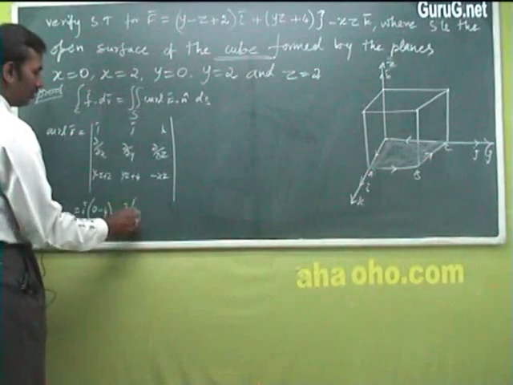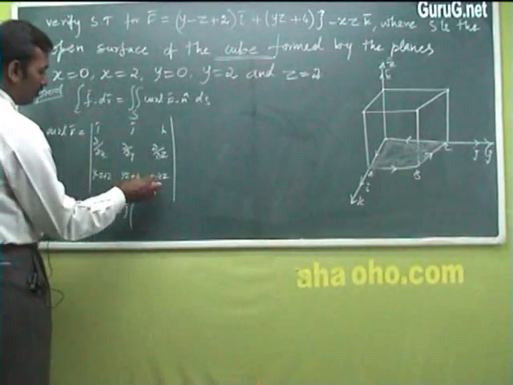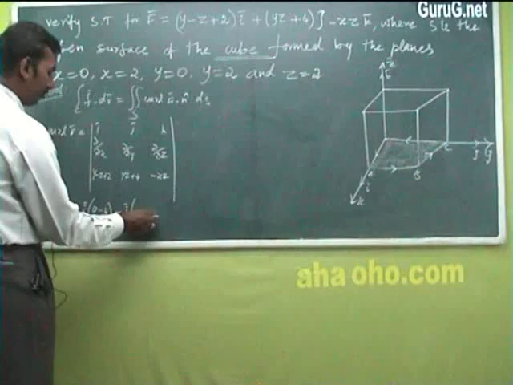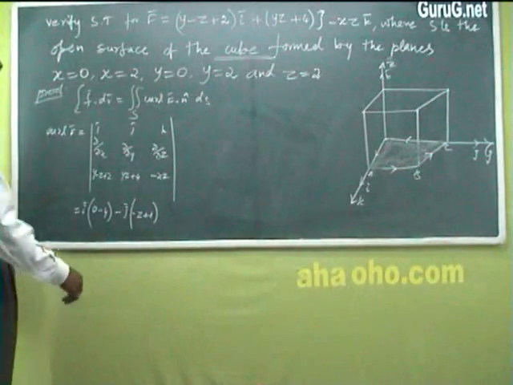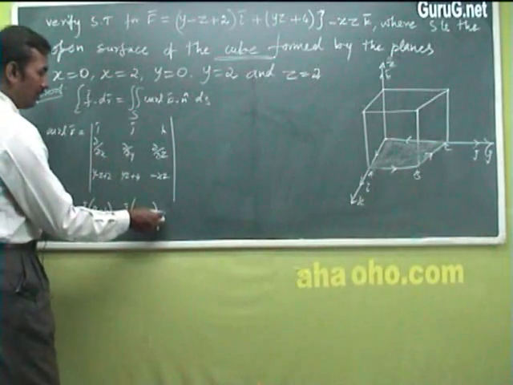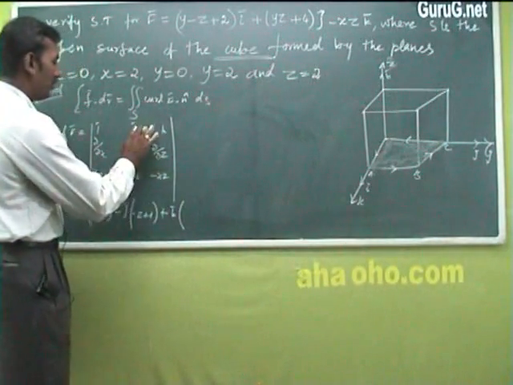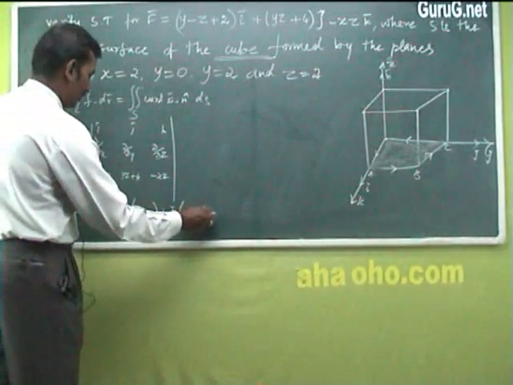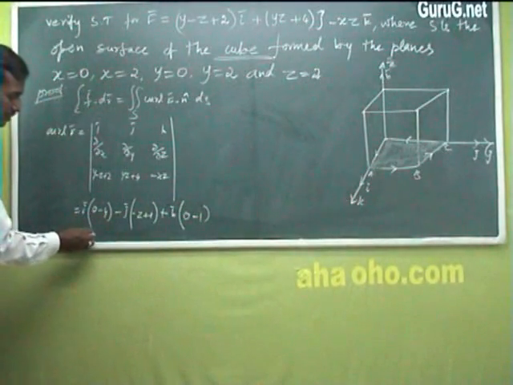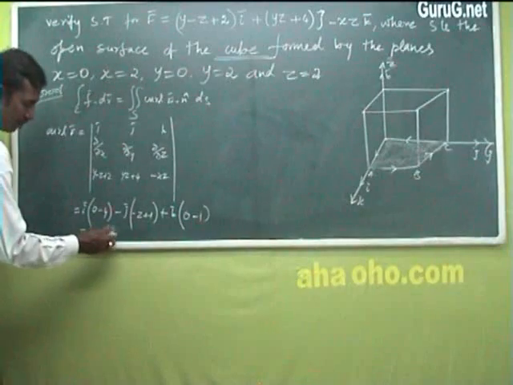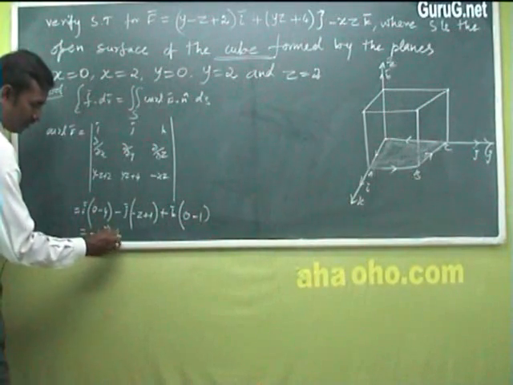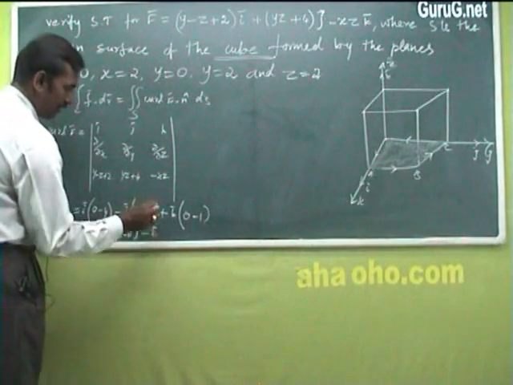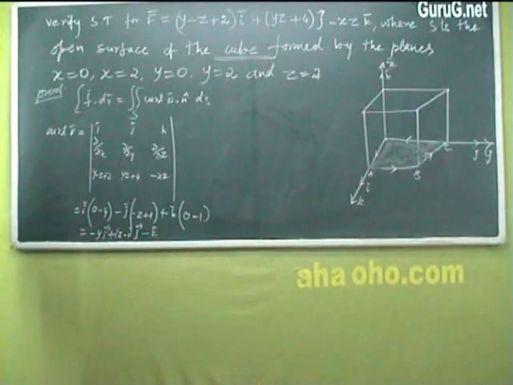Minus j vector into, how much this column and this row, so minus z plus 1, right? Then plus k vector into, how much this column and this row, so 0 minus 1, right? So minus y i minus z minus 1 into j vector minus k vector.